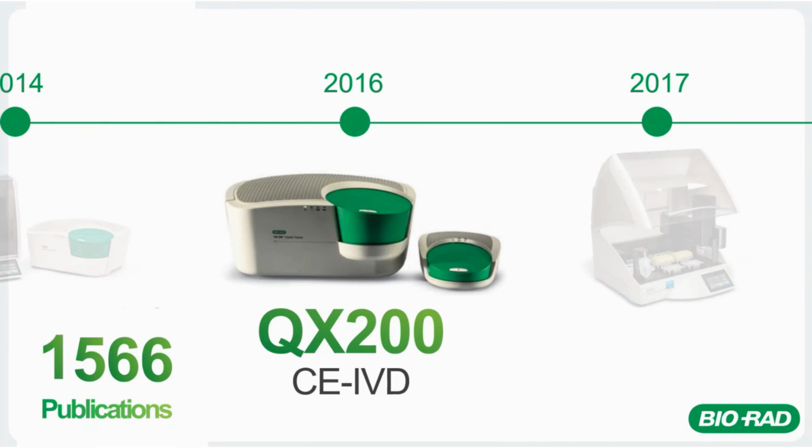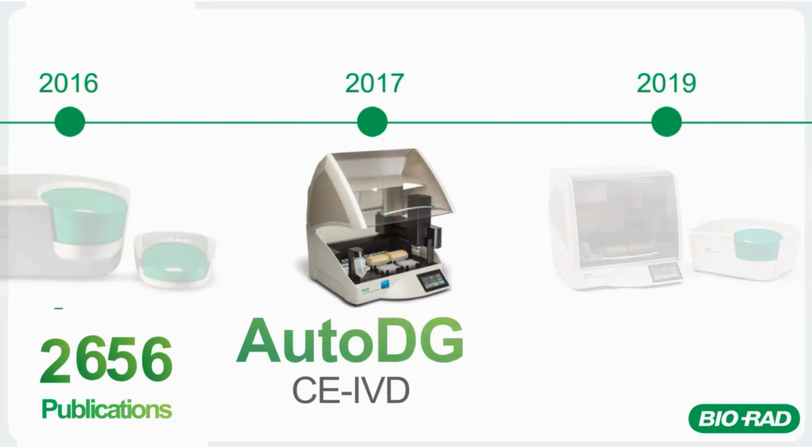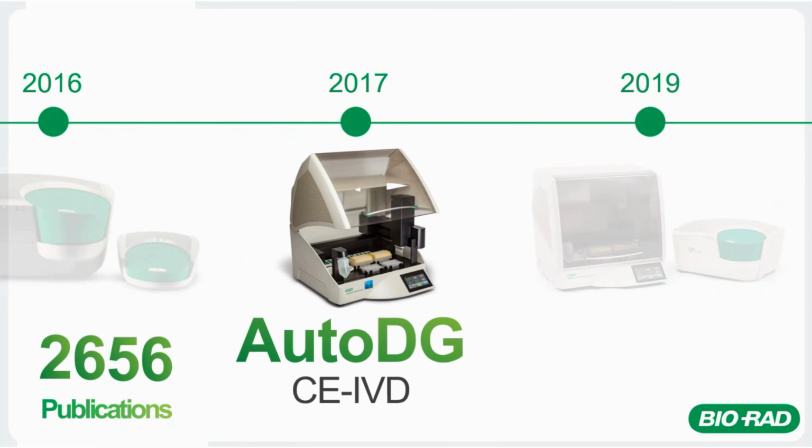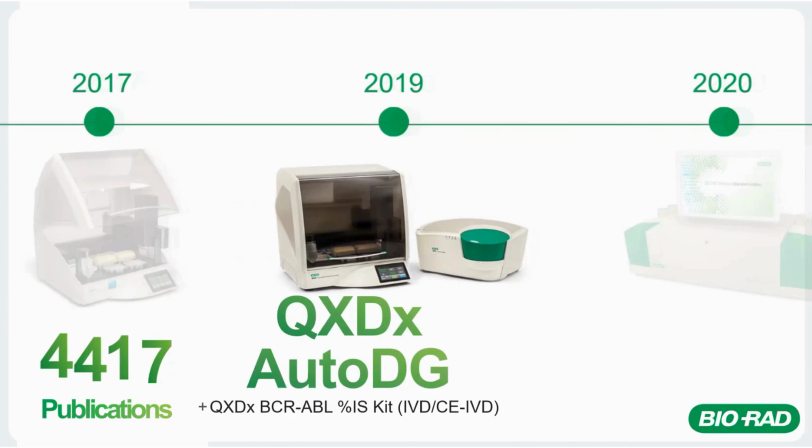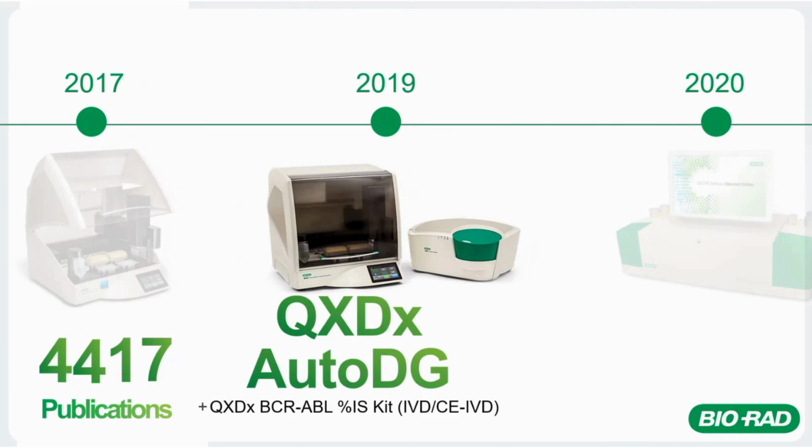We were the first CE-IVD compliant digital PCR system to market, in 2016. Then we had the automated digital system, which was IVD approved. Then we got the Auto DG, which was again CE-IVD marked, and this was for our BCR-ABL kit, for chronic myeloid leukemia.